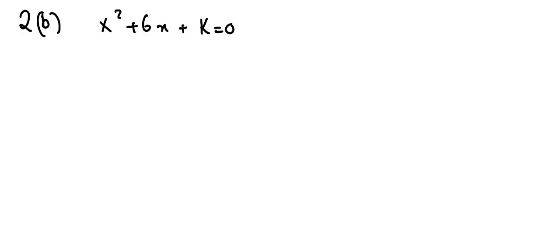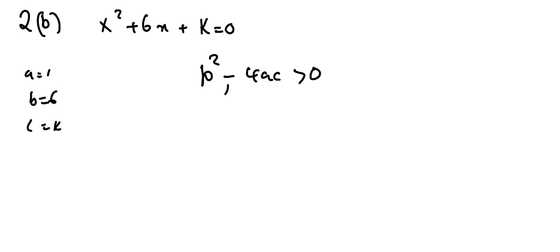If a particular quadratic equation has two real roots, it simply means that the discriminant is greater than 0. In this case, our a is 1, our b is 6, and our c is k. So if we do the substitutions, we have 6² − 4ac greater than 0.